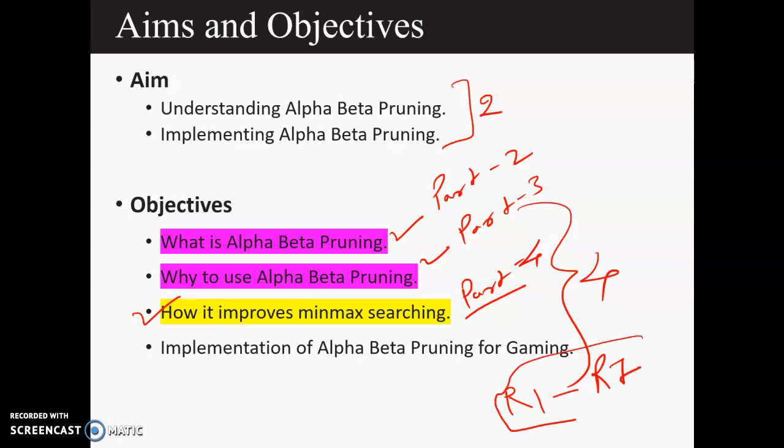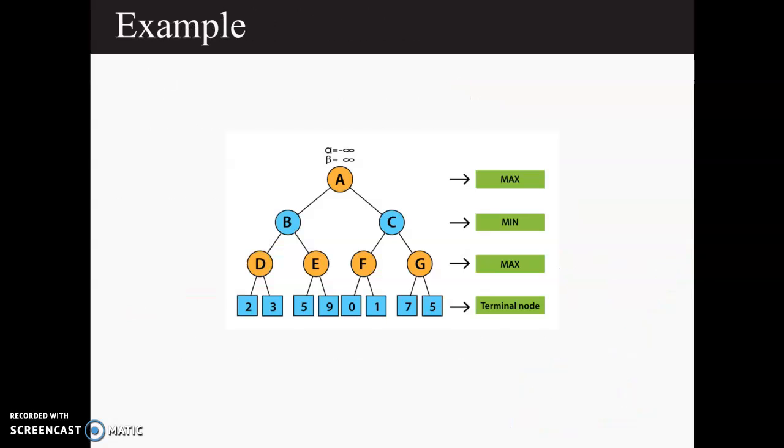We discussed these rules in part number 3 video lecture of week 8 on alpha beta pruning. So we'll start the example. So here you can see one search tree. This is my search tree, and for this search tree I would like to apply alpha beta pruning.